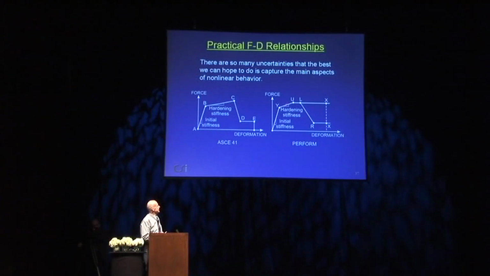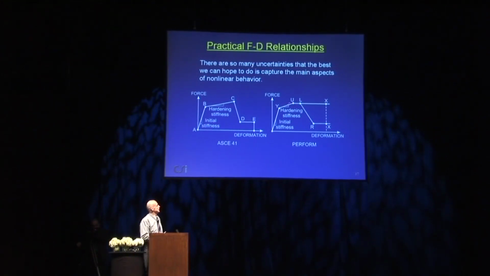And Perform has these 5 points, Y, U, L, R, X. Y is an estimate of the initial yield. Then U is where you reach the ultimate strength. L is the ductile limit, and the strength is lost down to R, residual. And point X out here, typically you'll specify that to be some fairly large value, such that if you ever get out that far, you'll say, well, something has gone wrong or the structure isn't right.